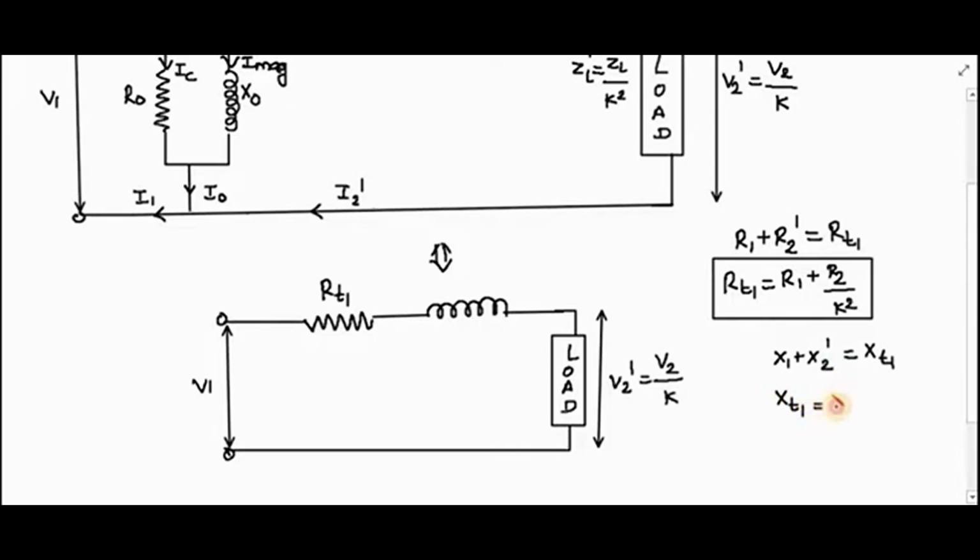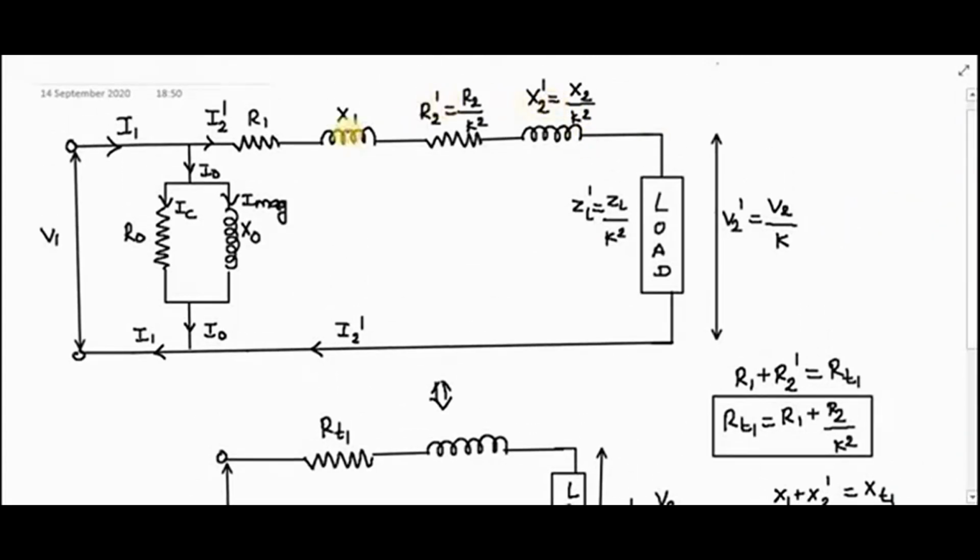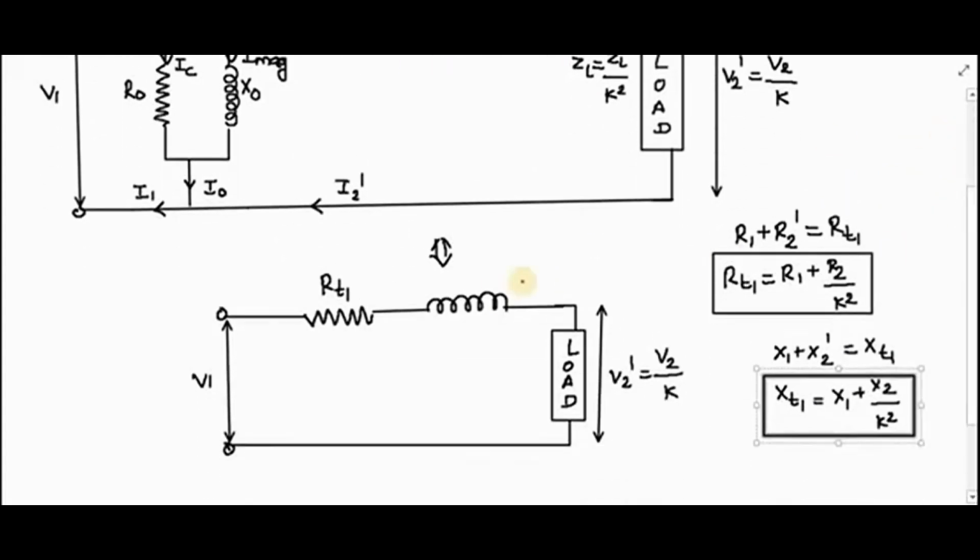XT1 is nothing but X1 plus X2 dash. What is X2 dash? X2 dash is nothing but X2 by K square. So you get another equation: X1 plus X2 by K square gives XT1. So I have written it here as XT1, right?